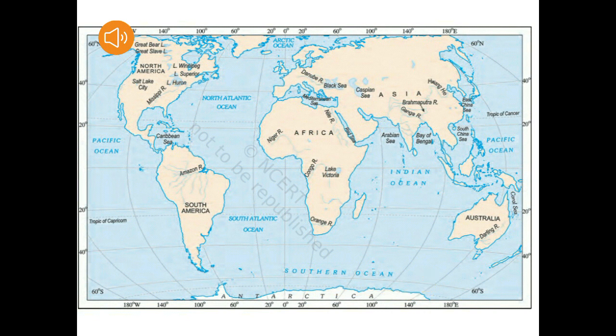We also see some rivers like Amazon River of South America, Mississippi River of North America, Niger, Congo, Nile River of Africa, Ganga and Brahmaputra River of Asia. We can see some seas in this map also, like Caspian Sea, Black Sea, Red Sea, East China Sea, South China Sea, etc.